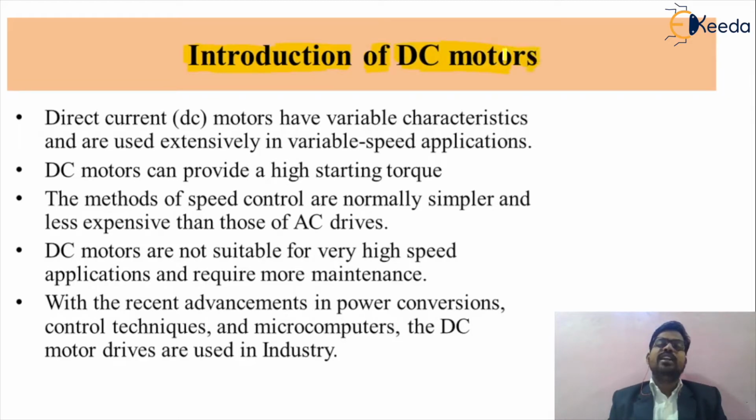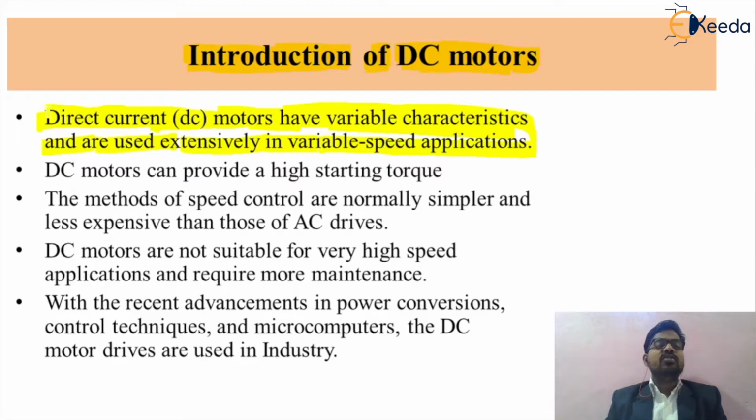The first point in the introduction is that direct current (DC) motors have variable characteristics and are used extensively in variable speed applications, because the speed regulation of such a DC motor is very good.